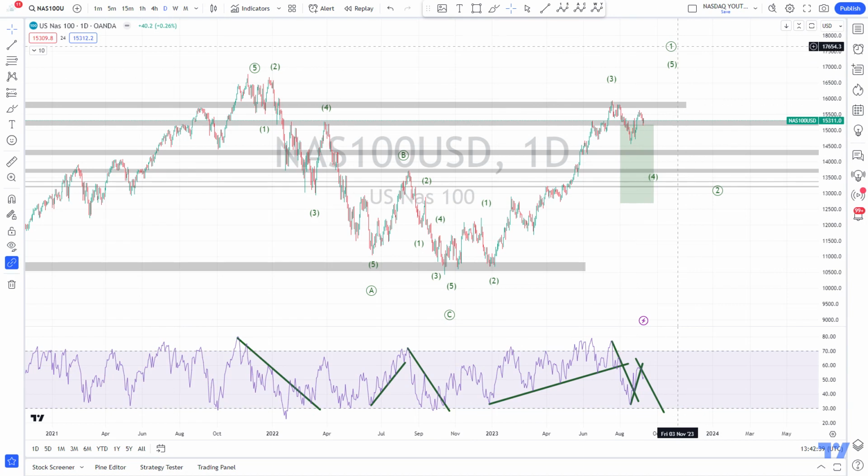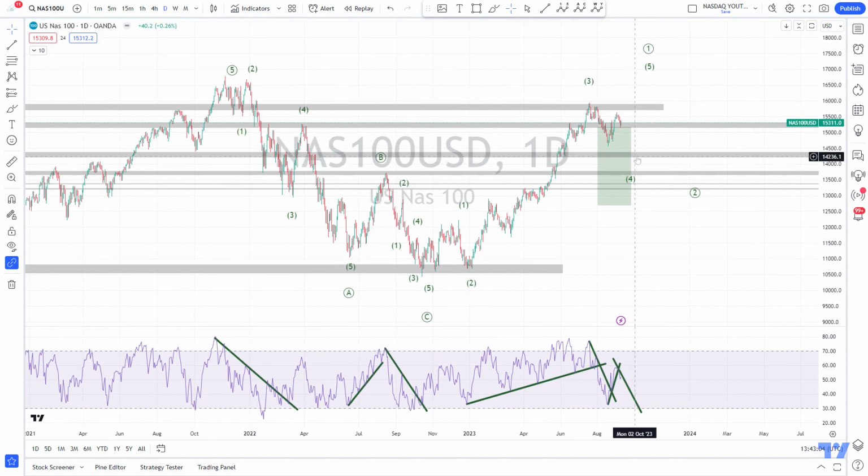From this low, if we have to identify an impulse, I would say this is 1, 2, this is our wave 3, nicely in 5 waves. And then I think this here is a wave 4 and going, and then we need one more push up as a wave 5, ending here with divergence to finish this wave 1.